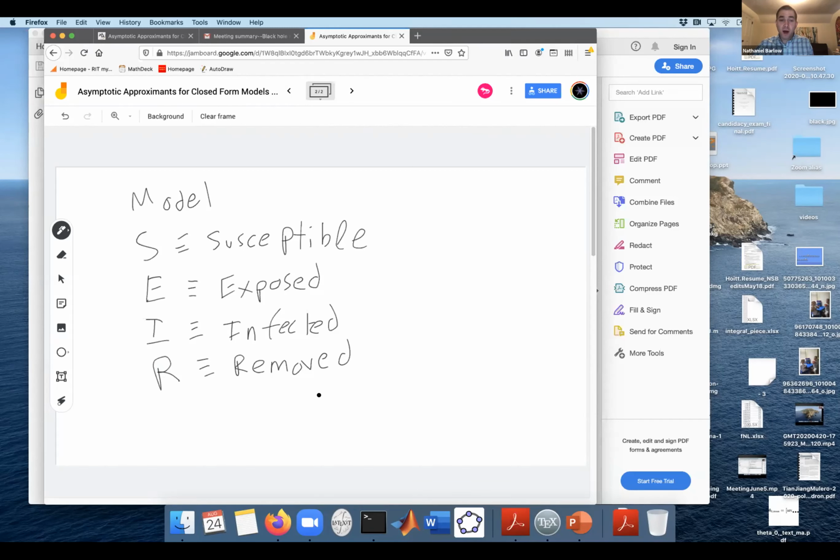And the model models the interaction of these folks as they collide with each other. It does not model anything spatial, but it tries to treat it sort of like, and this is where I'm just borrowing Steve's words here, a chemical reaction or diffusion equation, where you've got collisions between these different types of people, and you want to see how each one of these categories evolves over time.